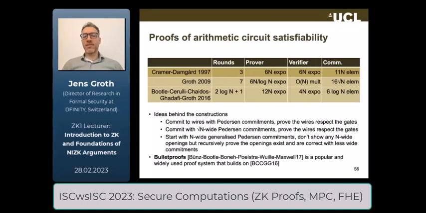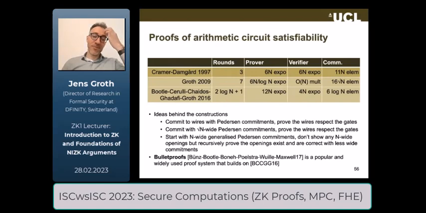Okay, and this is tricky when you do arithmetic circuit satisfiability, right? So you can commit to all the values in the wires using these generalized Pedersen commitments. That's great, but it's pretty tricky to prove then that all the additions are satisfied or all the multiplications are satisfied because they may cross all sorts of places in the commitments. But it can be done, and it gives you square root n complexity.